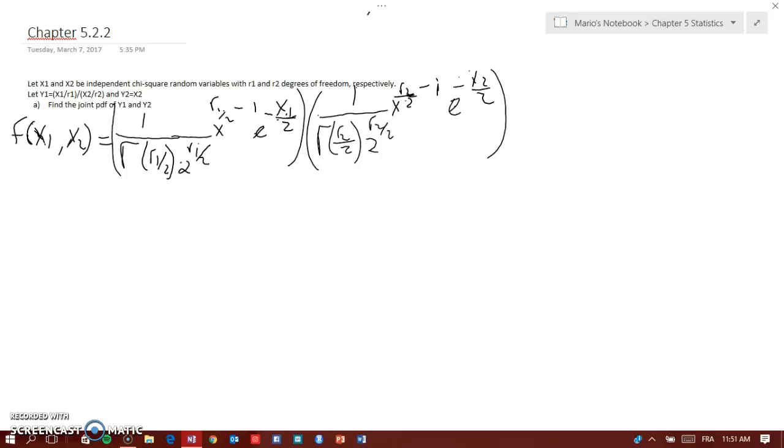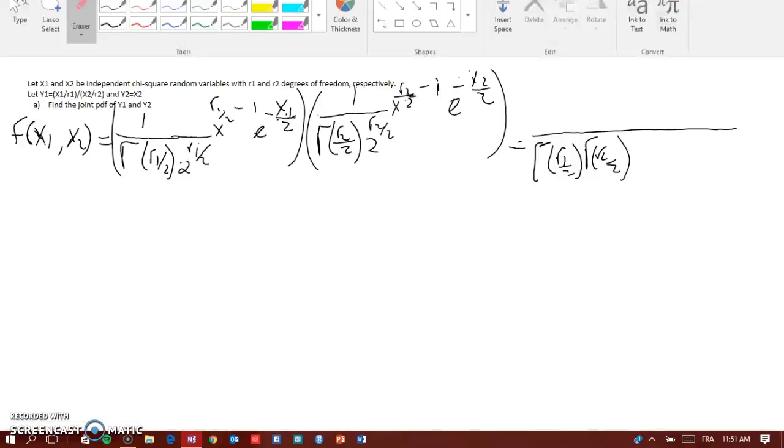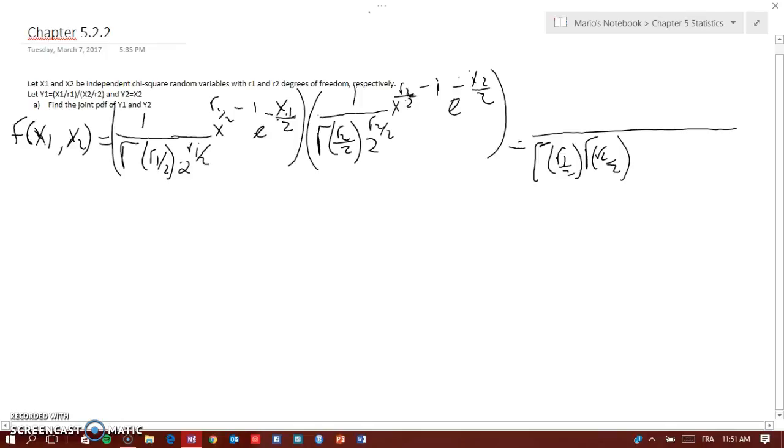And when you multiply them, you will get an answer. That would be 1 over gamma R1 over 2 times gamma R2 over 2, times x to the power of R2 over 2 minus 1 times x to the power of R1 over 2 minus 1 times e to the negative x1 plus x2 over 2.